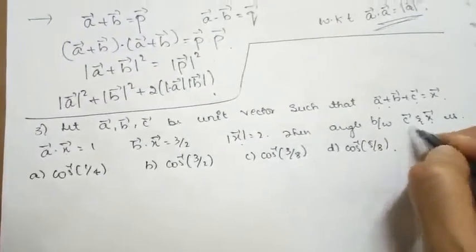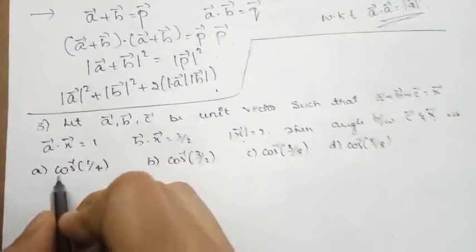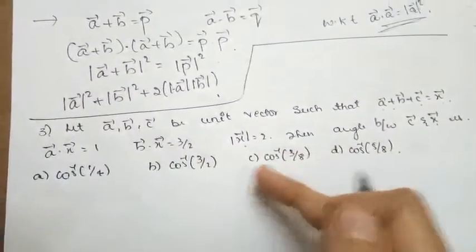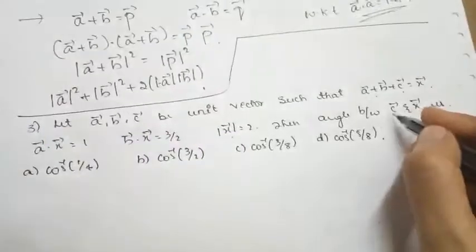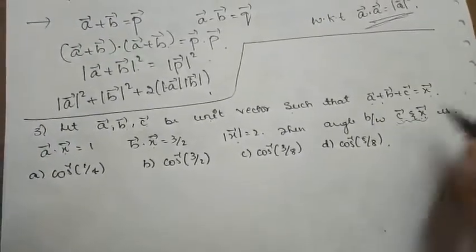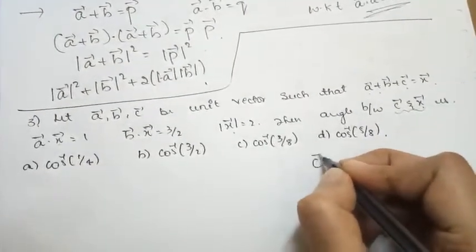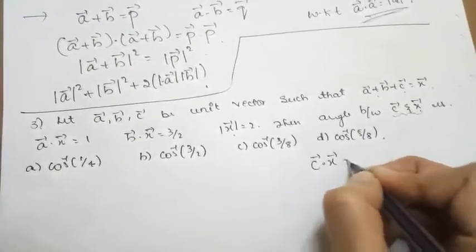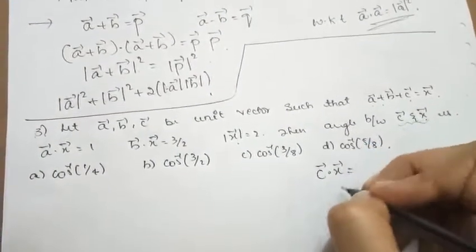So we need to find the angle between vector C and vector x, and all the options are in cos. So which formula will come into your mind? The idea which comes to our mind is the dot product, because in the dot product we have the cos formula.